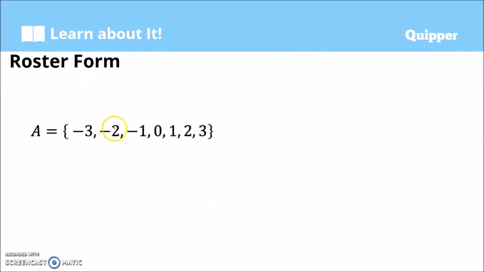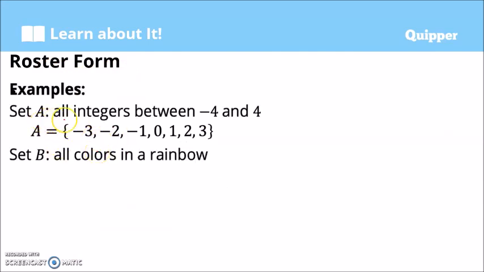Example ng roster form. Okay, we have set A, all integers between -4 and 4. So, we have the set notation. Remember that we write a set using capital letters. We denote a set using a capital letter. So, we have here capital letter A is the set, equal sign, and then open brace, and then the elements ng set listed one by one.